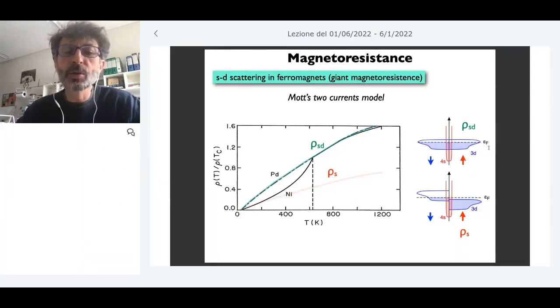If you let the two curves go together here, then when the nickel becomes ferromagnetic, the resistivity drops down.